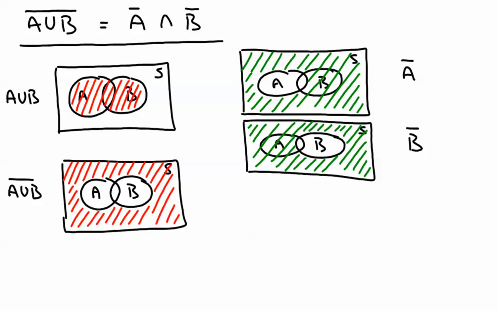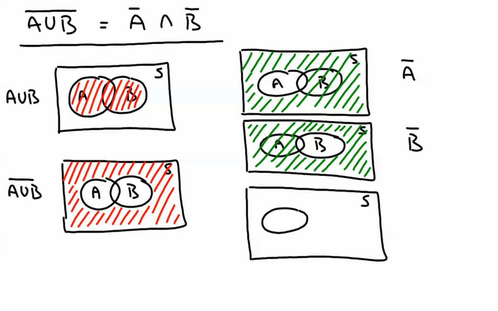So then, by careful inspection of the two Venn diagrams on the right-hand side of this page with the green hatching, we can see that the intersection of A complement and B complement is this region.